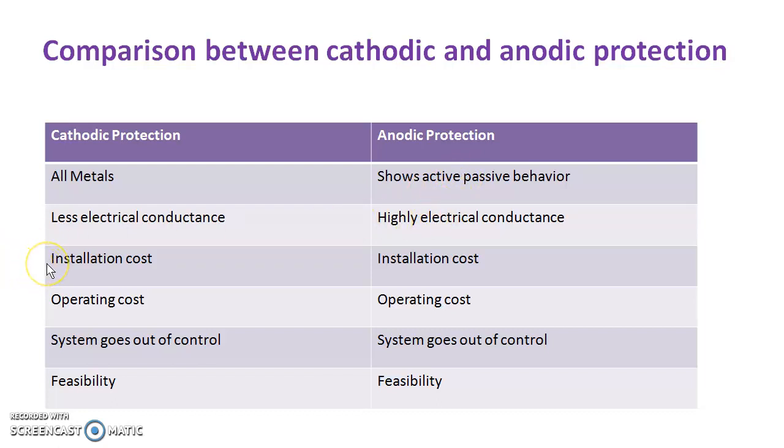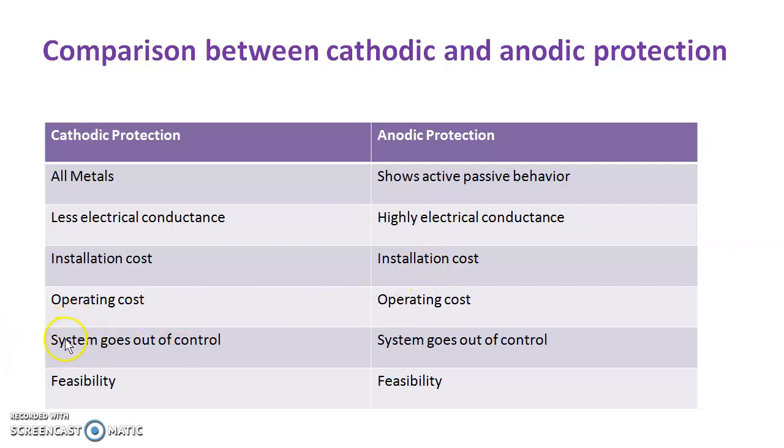Then in cathodic protection, the installation cost is very low. In anodic protection, the installation cost is very high. In cathodic protection, the operating cost is higher. In anodic protection, the operating cost is lower, right?